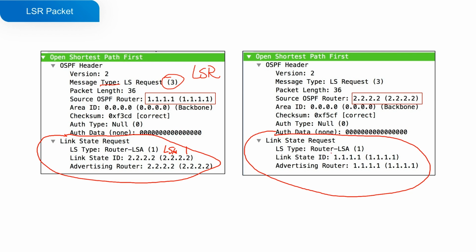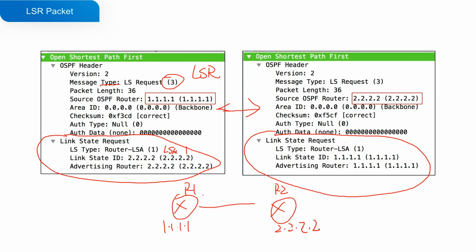For this LSA, it's from 1.1.1.1, and the advertising router is also 1.1.1.1. So these two packets mean there are two routers, R1 is 1.1.1.1 and R2 is 2.2.2.2, and R1 sends the LSR to ask for the LSA information, right?